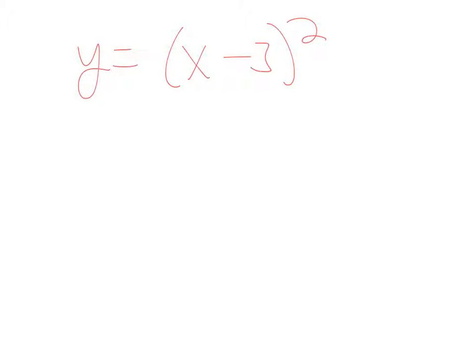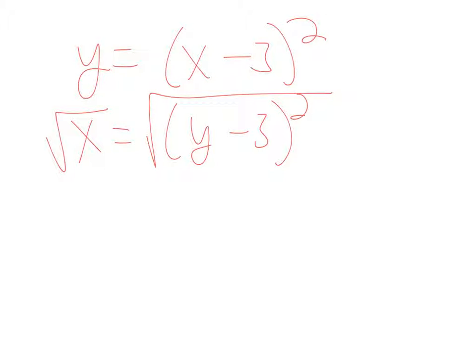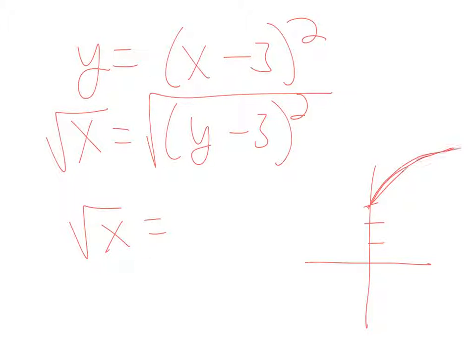Find the inverse algebraically. Well, we switch x and y. That hasn't changed. And then I've got to unlock the y from inside the parentheses. So to do that, I've got to take the square root of both sides of this equation. And now here's the part that determines which one we use. Well, we were looking for that part of the graph right there. To me, that looks like a square root function that's been translated vertically 3 units.